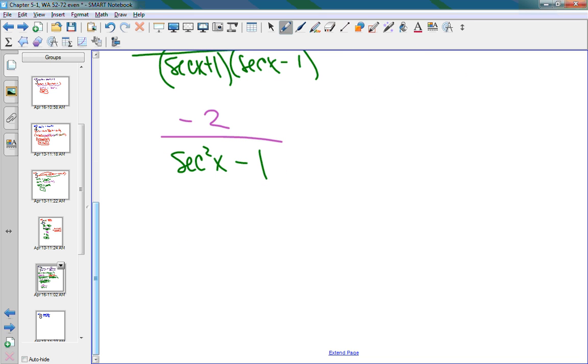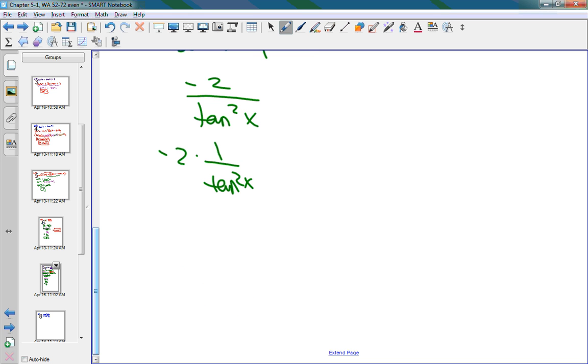So what we have here is negative 2 all over tangent squared of x. Do I like that? Why do I not like that? You like that because you don't mind the fraction at this point. But if I give you a problem of just adding and subtracting fractions the whole time, you'd hate me. So this is negative 2 times 1 over the tangent squared of x, which gives me negative 2 times the cotangent squared of x.